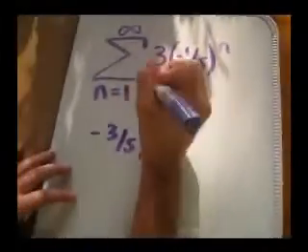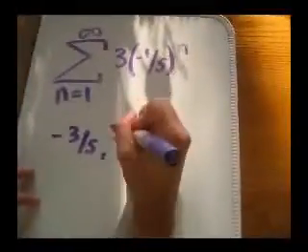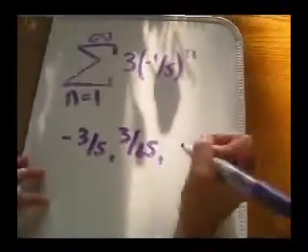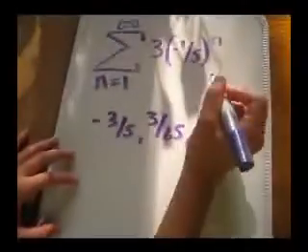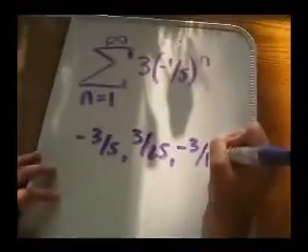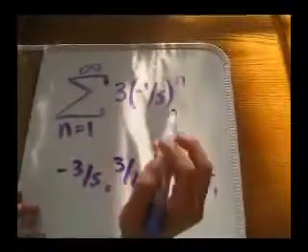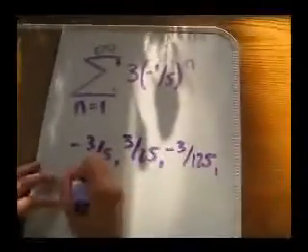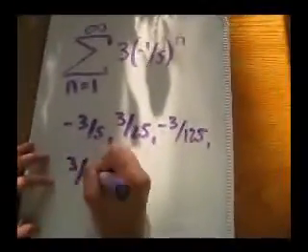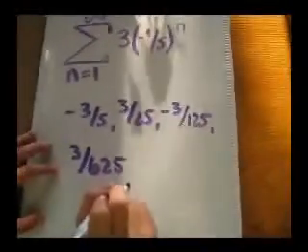Then you plug in 2 for n, and that equals 3/25. Then you plug in 3, and that equals negative 3/125. And then the last term, you plug in 4, and you get 3/625. Wow, that's correct.